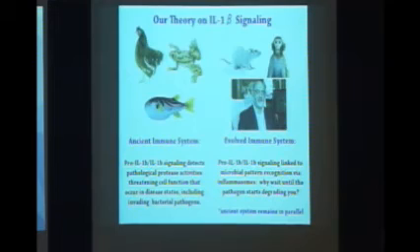So what we believe here is that in the ancient immune system, pro-IL-1 beta signaling actually arose to detect bacterial proteases. So if you're invaded with a bacteria that's making a broad spectrum protease that could cleave all your critical factors, you need to respond to that.